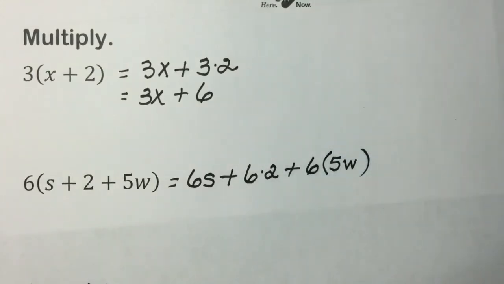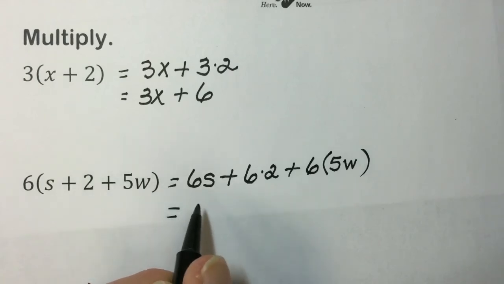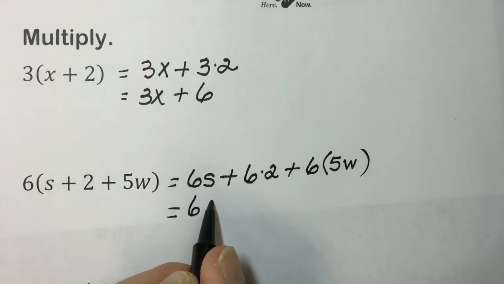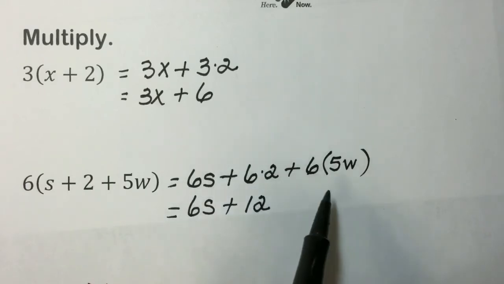No matter how many terms there are, we need to distribute that multiplication. Each term needs to be multiplied. And this can be simplified further with a 12.